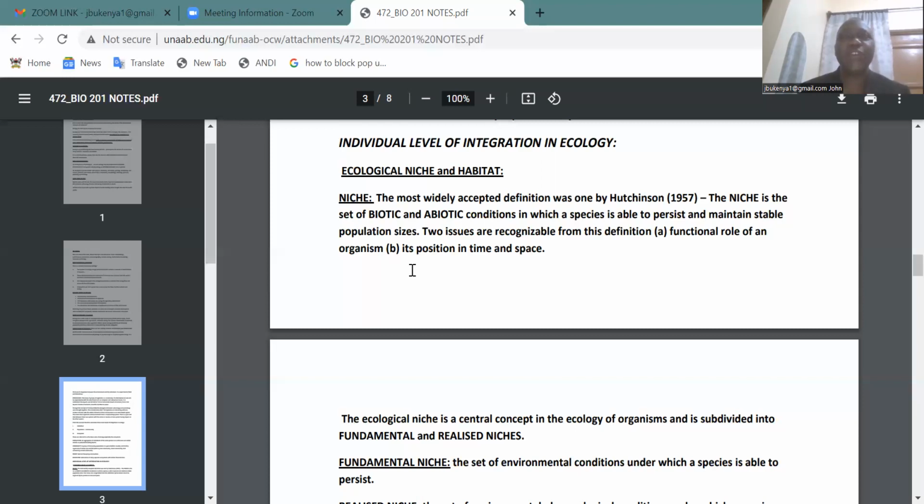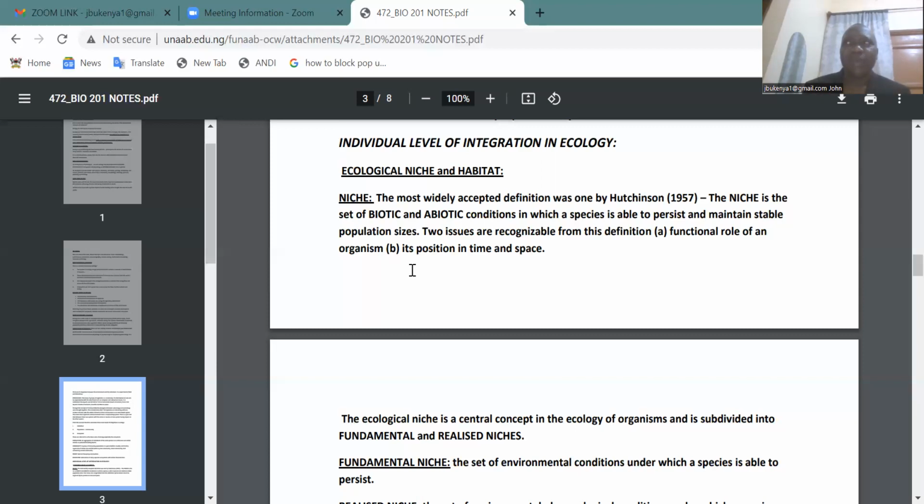The fundamental niche or the potential niche. We are looking at the environmental conditions, the entire habitat that can potentially be exploited, that can be occupied by an organism in absence of its competitors, in absence of its predators, then that one is called the potential niche or the fundamental niche.